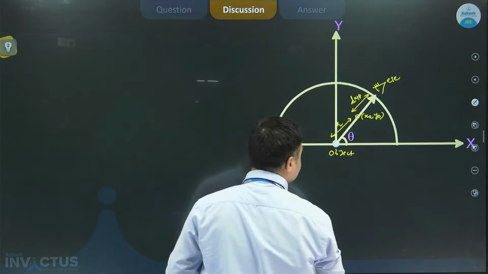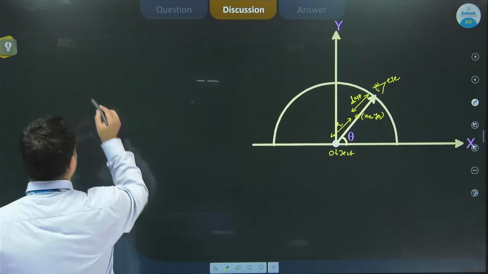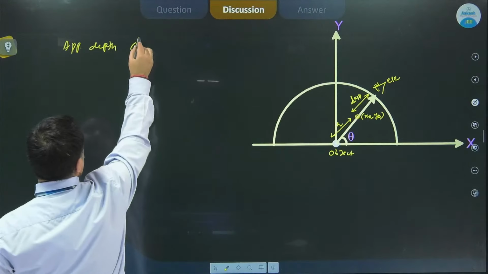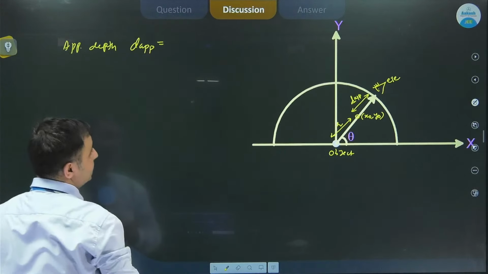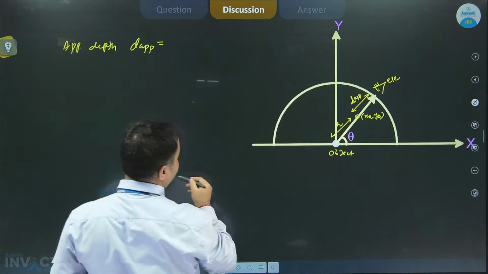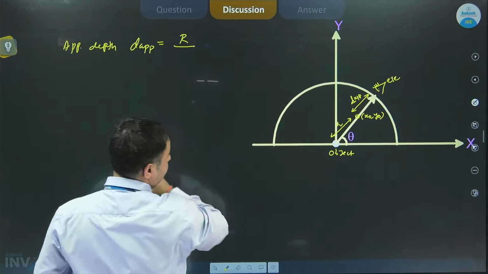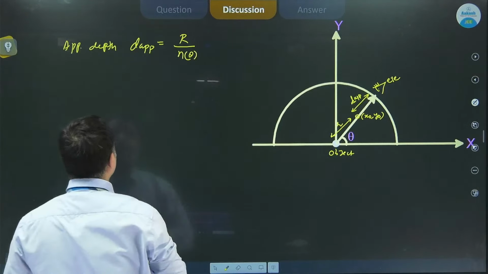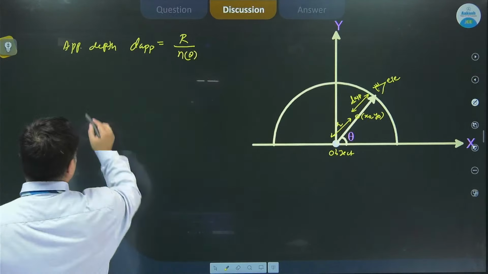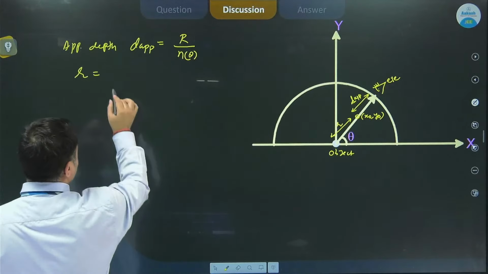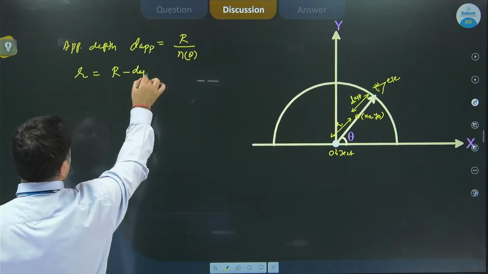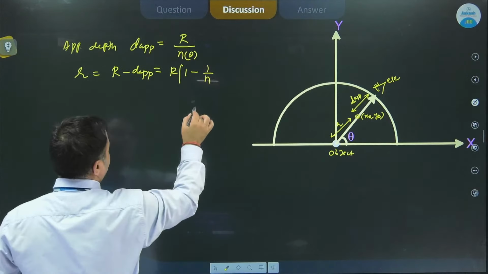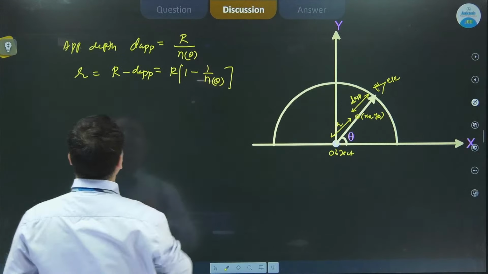So from the concept of apparent depth we can write: apparent depth d apparent is equal to real depth, which is the radius of this disk, divided by the refractive index, which is a function of theta. So the small r will be r minus d apparent, so r times 1 minus 1 by n as a function of theta.